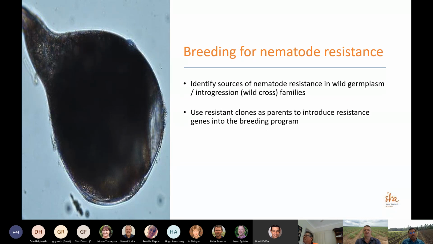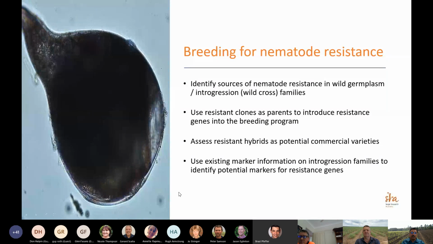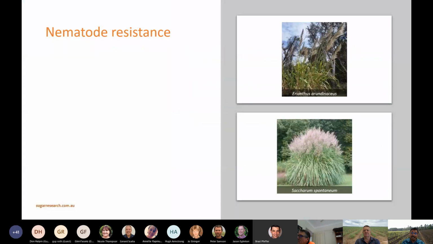If there is resistance, we can use them as a parent to introduce the resistance gene into our breeding program. And if some look pretty good, we can use them as a commercial variety. We can also use existing marker information in the introgression family to identify a potential marker for the resistance gene.